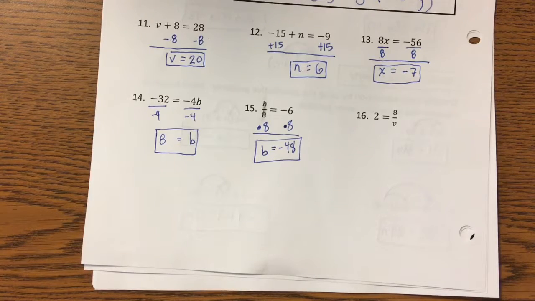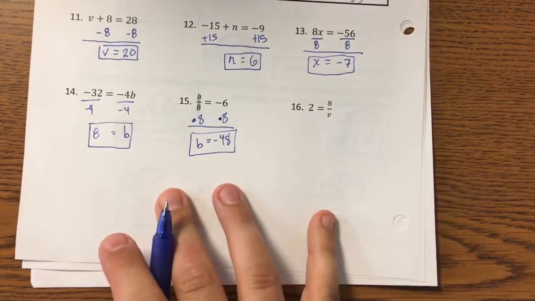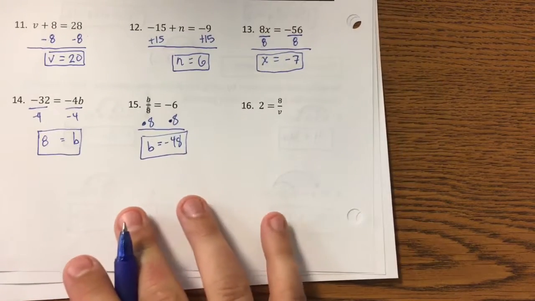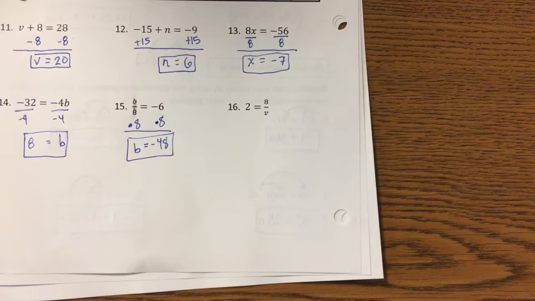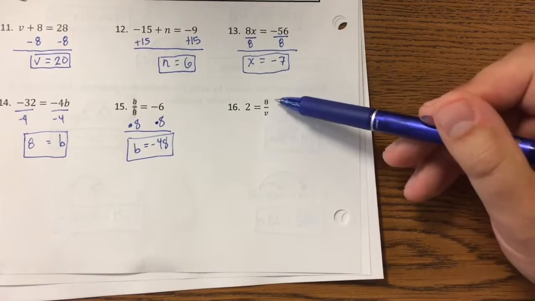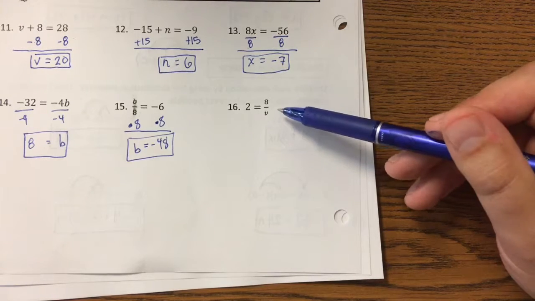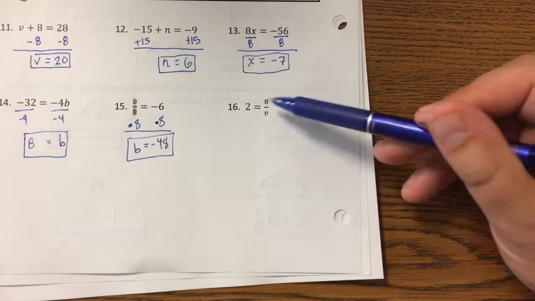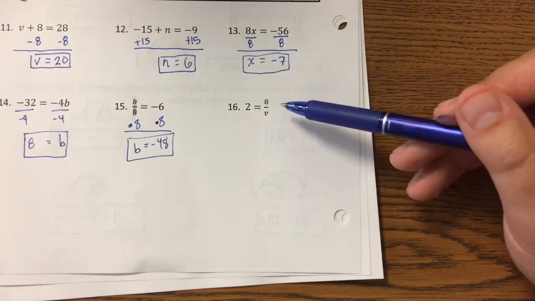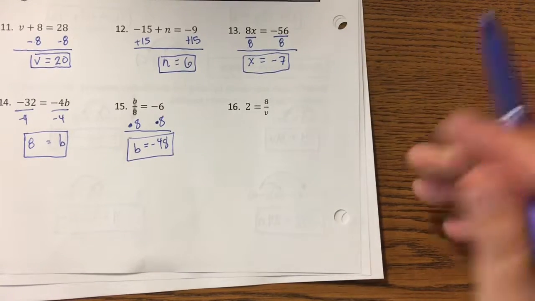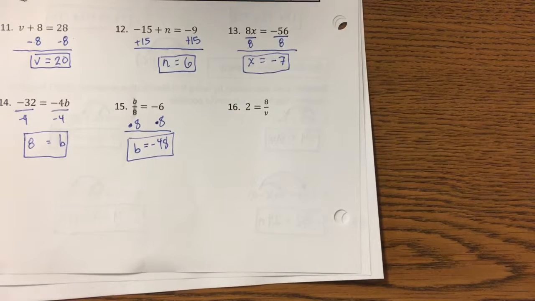Now, 16 is kind of weird. 16 is a little out of place, actually, because it's not a one-step problem. It's actually a two-step problem in disguise. Okay? The problem with number 16 is this is not v divided by 8, it's 8 divided by v. To make this problem a little bit easier, if you have a variable in the denominator of the fraction, I would suggest that you multiply the variable on both sides to get rid of the fraction.